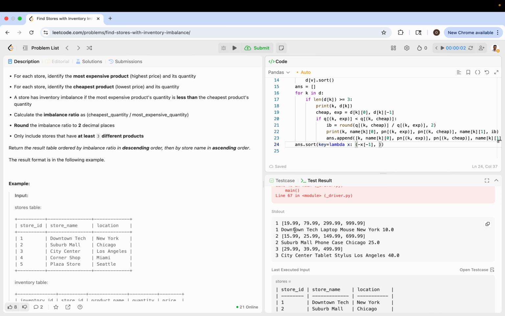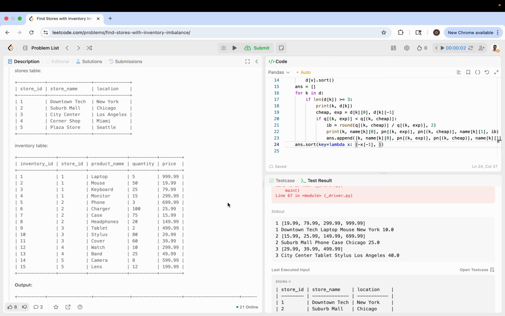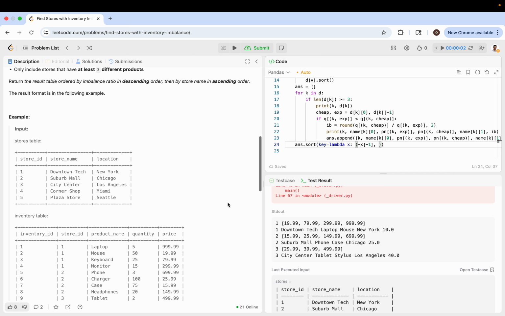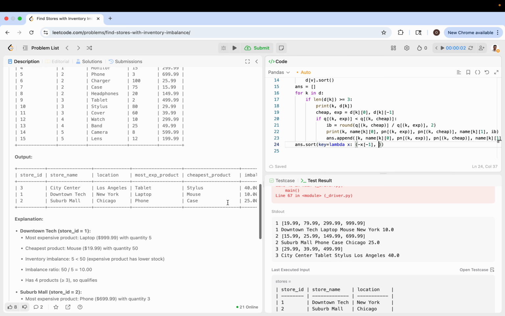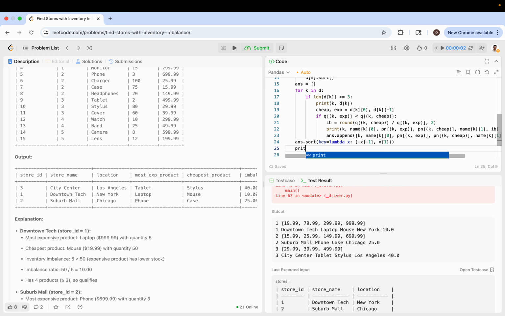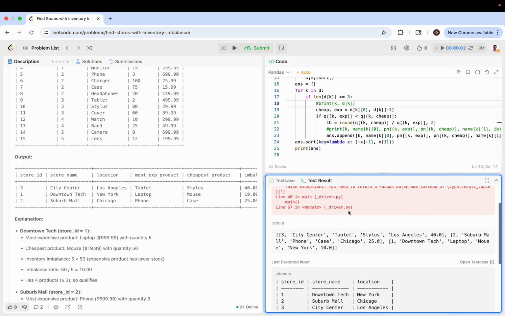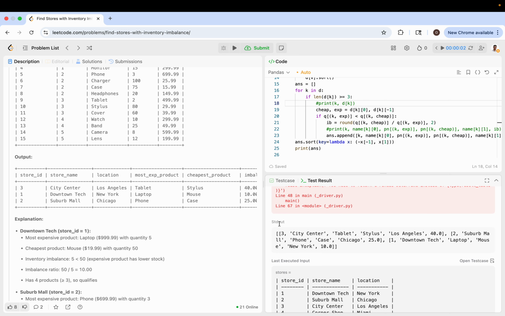So the name is just going to be, oh, store name. So x1, right? The second element. Let's print answer. Three, city, Los Angeles. Okay.